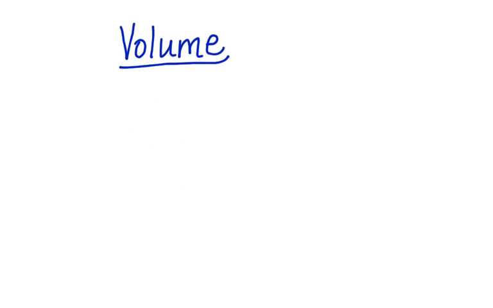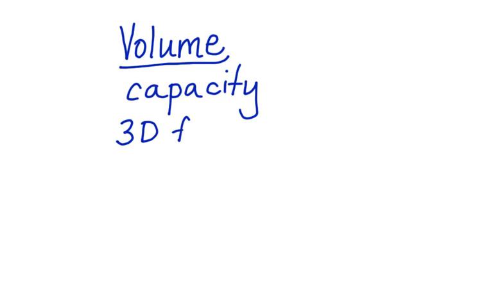When we think about volume, we think about capacity. Sometimes this has to do with liquid. It can also mean how much fits inside a figure. And fitting inside a figure means it has to be a three-dimensional figure.